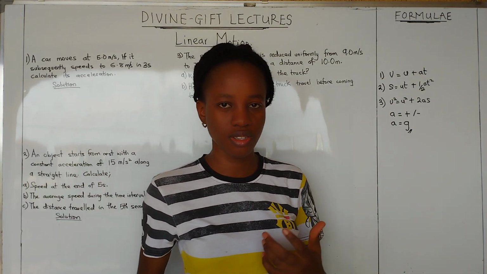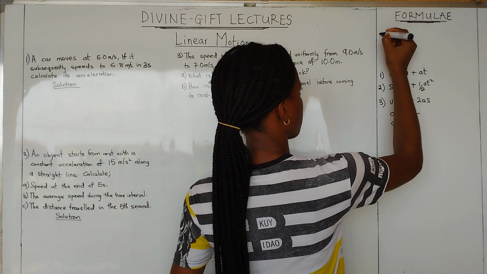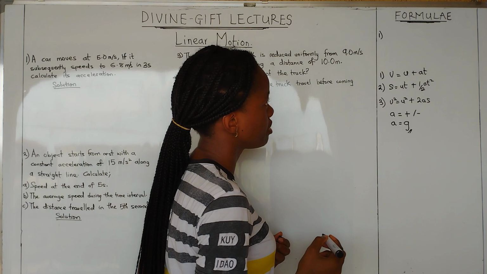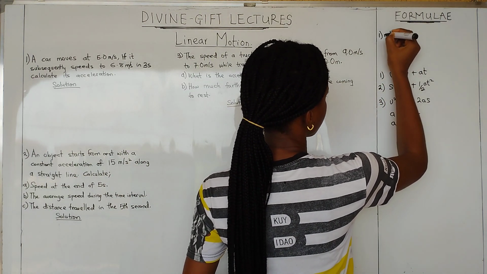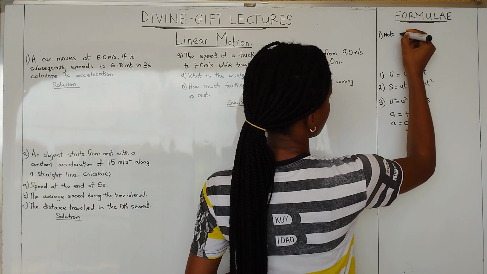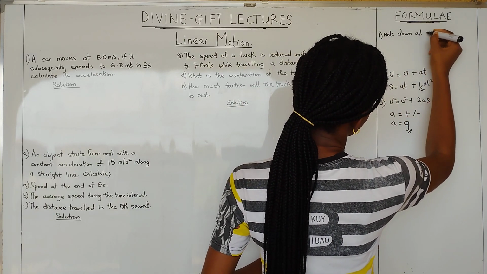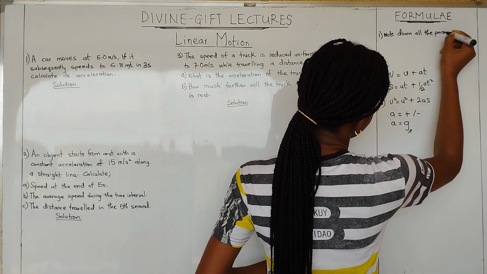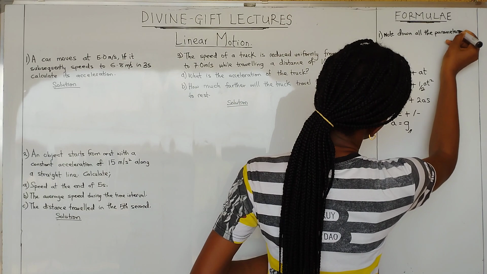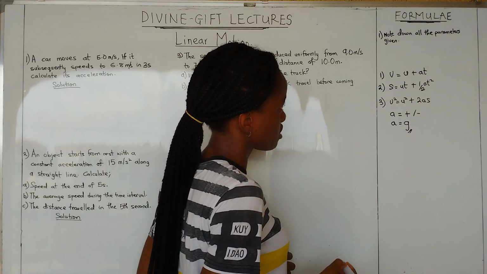Now, in solving questions on linear motion, we make use of three basic steps. The first of these steps is to note down all the parameters given.